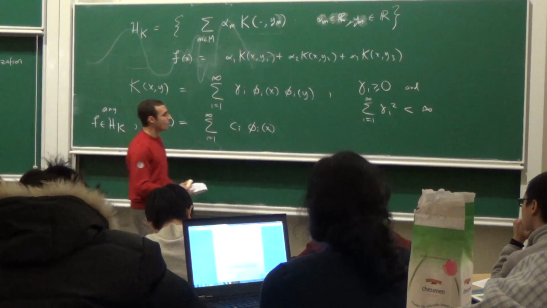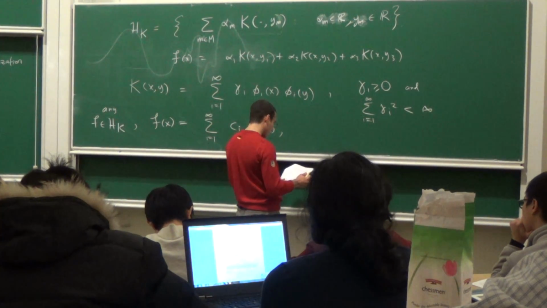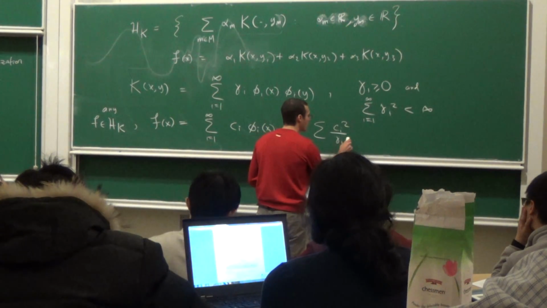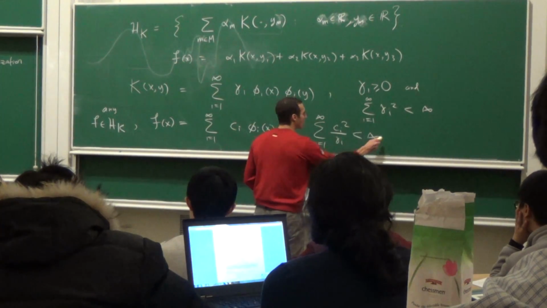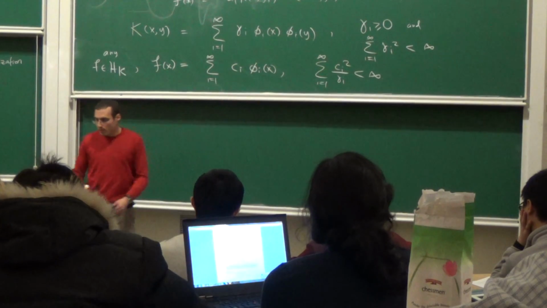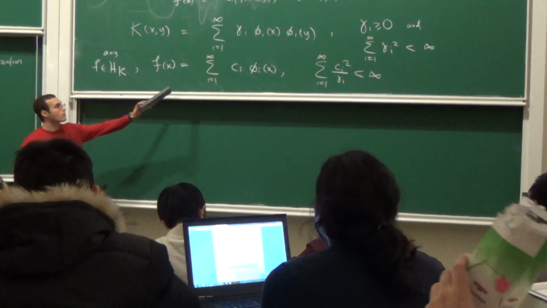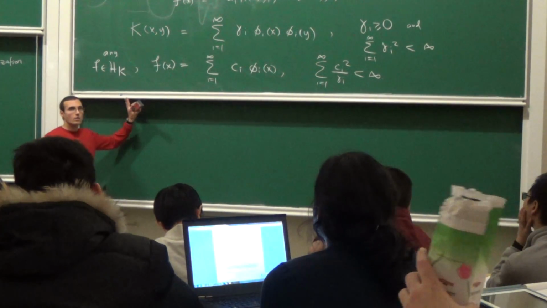And these C's have a very special property also. These C's have to satisfy Ci squared over gamma i being finite also. So what I'm going to try to do is give you a feel of what we can do with RKHS theory without going through these mathematical details too strongly, because that would take us a lot longer than 20 minutes.